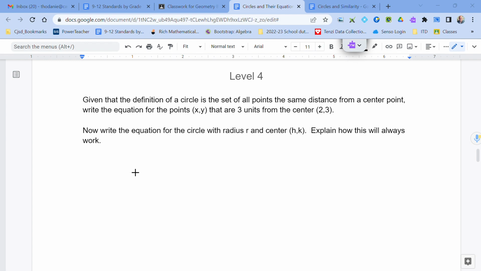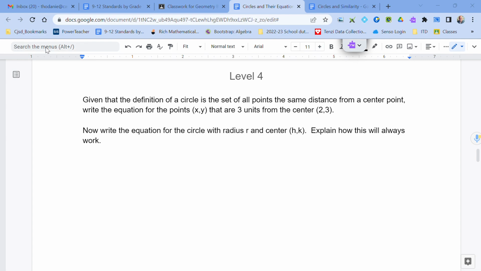I'm going to type in 2, 3. Okay. And then from there, I want a line. I'm going to make a line with a given length. And the length is 3 units. Okay. So now that means B can be anywhere as long as it's 3 units away.